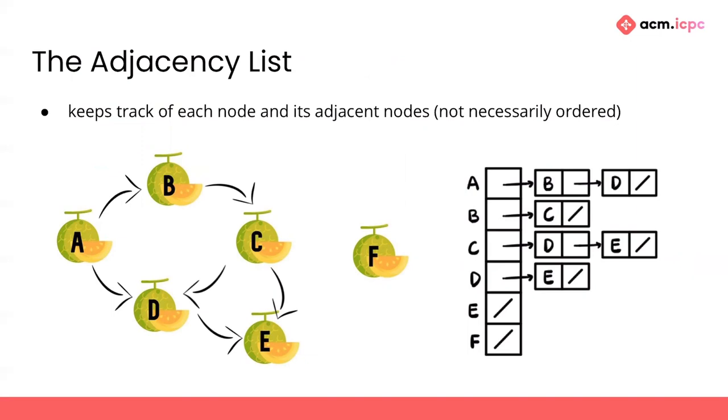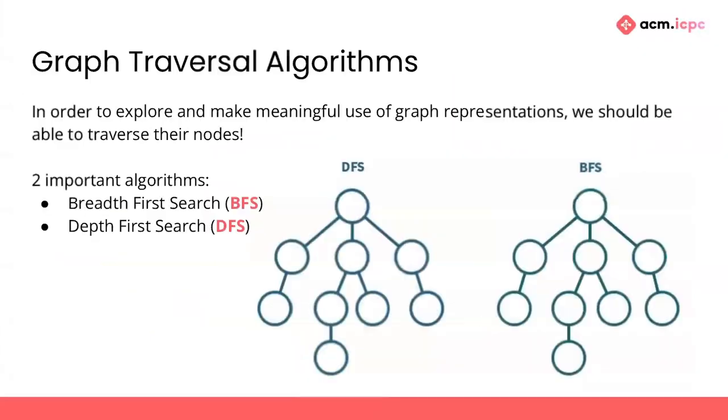And in each list, the nodes that are connected to a single node are not necessarily ordered. On the right-hand side, we see, for example, that node A is adjacent to nodes B and D. And node E has no outgoing edges, so the adjacency list for that one is empty, and so on and so forth.